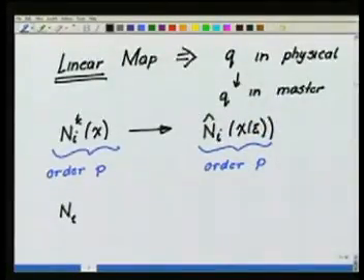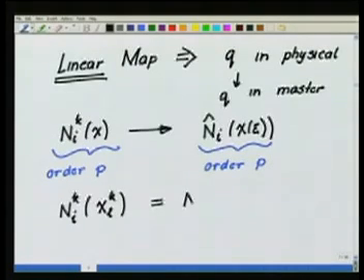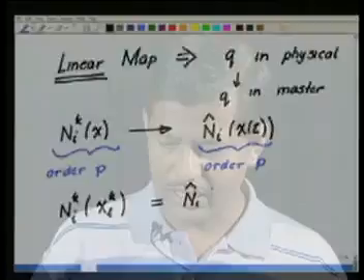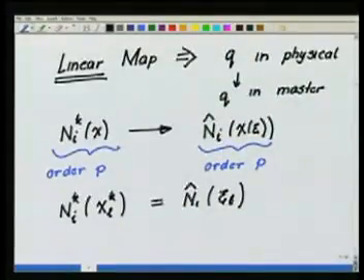So we will say that the polynomial ni at the points we had given, these points x l of element k, will be equal to ni hat at the master point psi l, where xlk is now obtained by the suitable linear map from the point psi l.